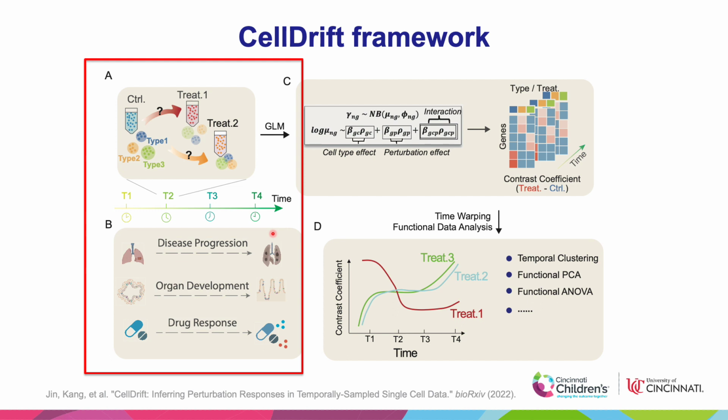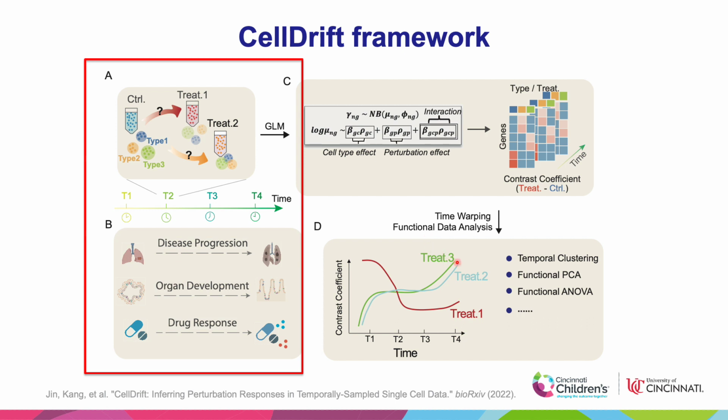And CellDrift consists of two parts. The first part is a generalized linear model, which is used to decompose the perturbation responses at a single time point. And then we combine the results from the generalized linear model of multiple time points and input them into functional data analysis, which is used to analyze temporal data.